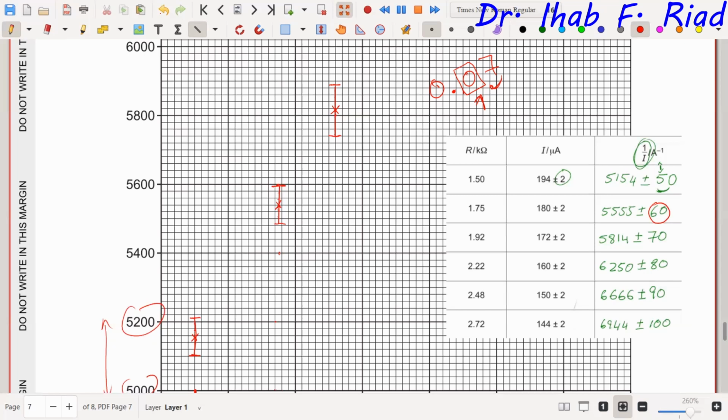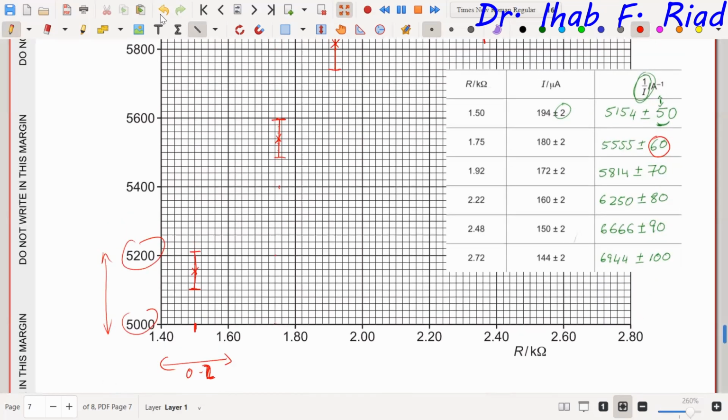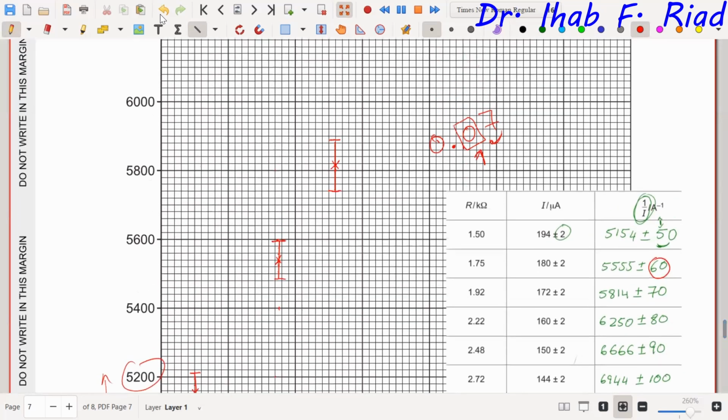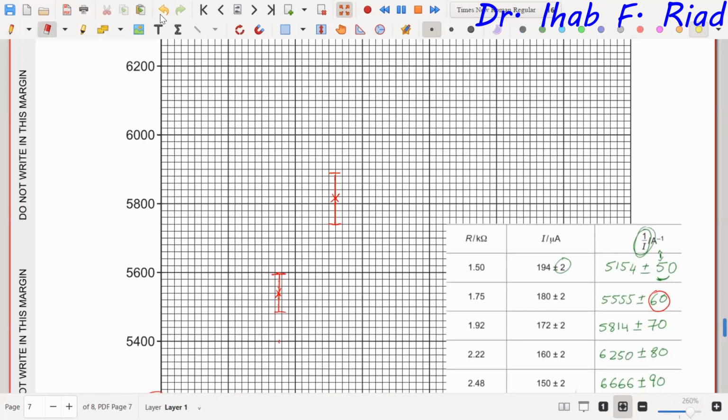What about 2.22? It is 1 step from 2.20. Yes. And 6250.